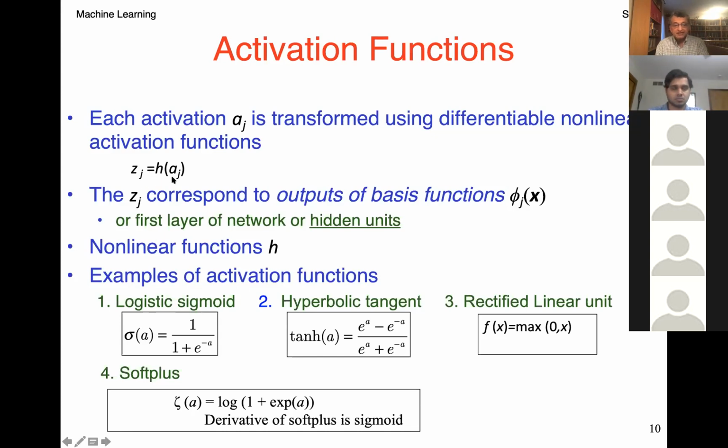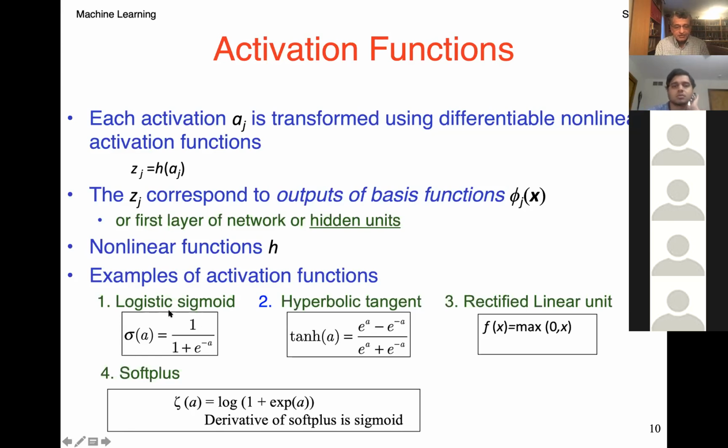We need to straighten our terminology here. Then these are nonlinear functions h, so they bring in nonlinearity. Although we keep saying linear classifiers and all that, more complicated things are accomplished by having nonlinear activation functions.